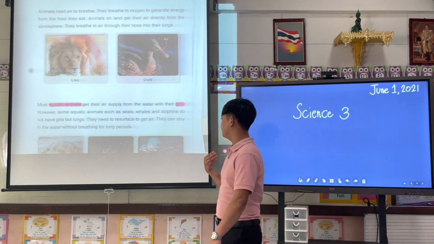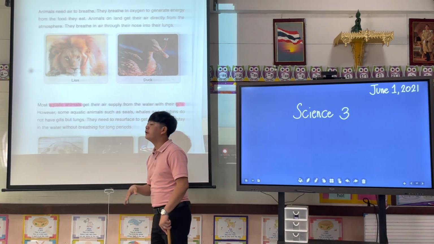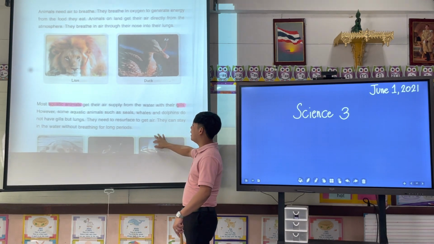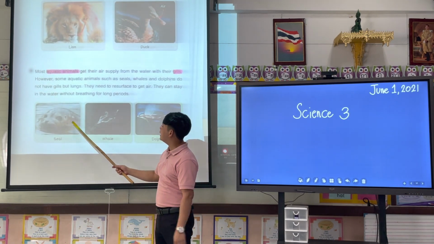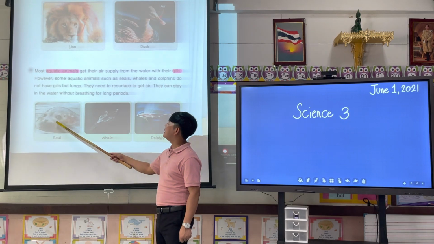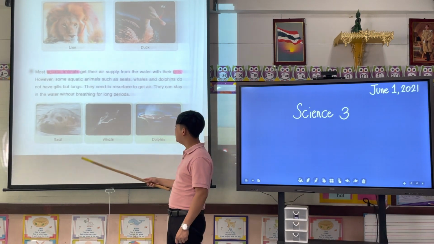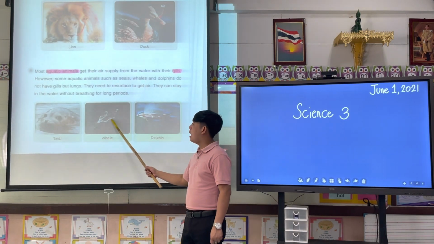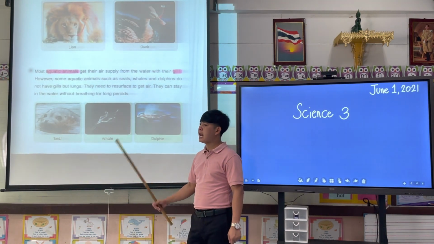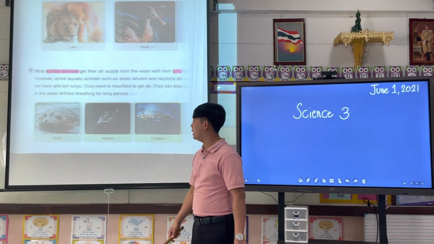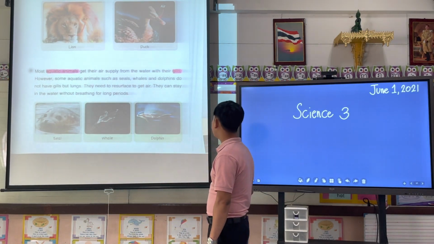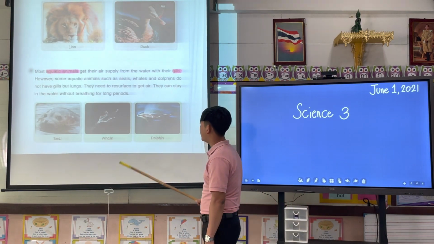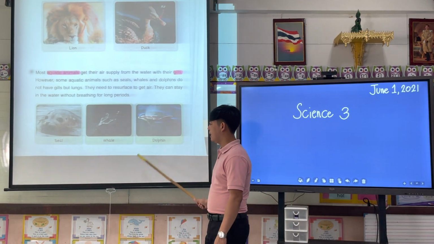Because they are not staying all the time under water. For example, these are seals. Seals get air from the surface of water. Whales and dolphins are aquatic, but they can stay in water or at the surface of water. Do you understand?